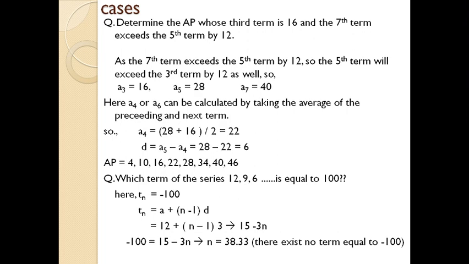Here the value we have arrived at is not the answer, because it's quite logical that the series starts from 12 and goes in a decreasing trend, and the number we have got, 38.33, is a positive value. We have to arrive at a negative value. So the answer is there exists no term equal to minus 100.